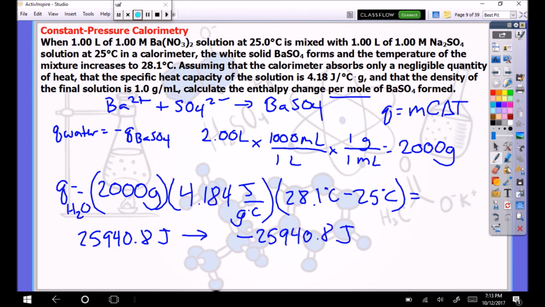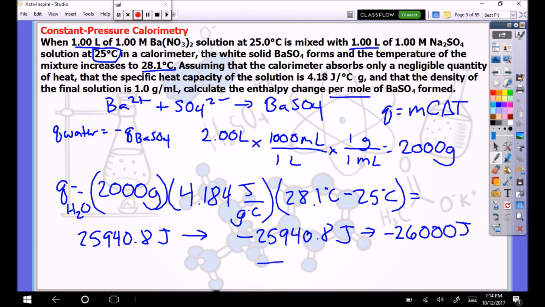And then we also need to make sure that we have the right number of sig figs. We've got 3 sig figs pretty much everywhere. 3, 3, 3. And then we can go for, oh, I'm sorry. We have 2 sig figs. I lied. We can go with 2 sig figs. So this is negative 26,000 joules.